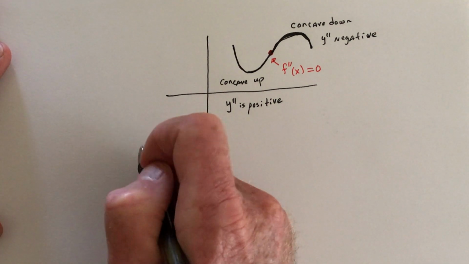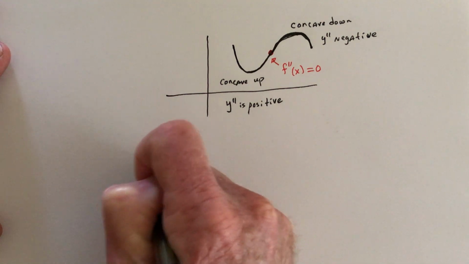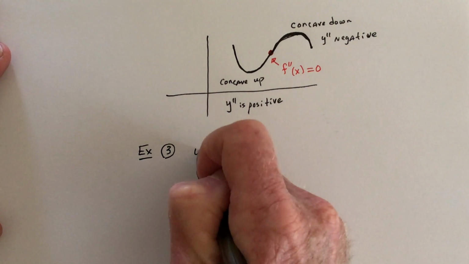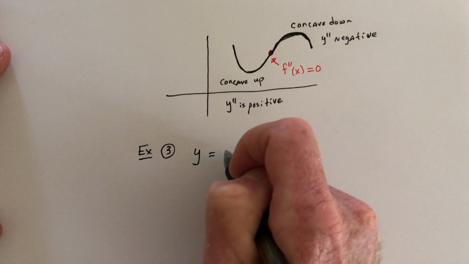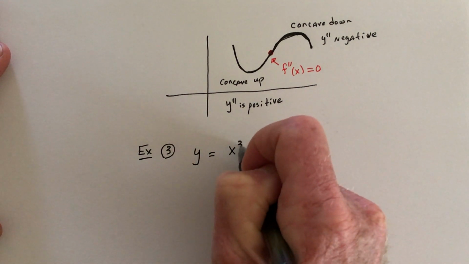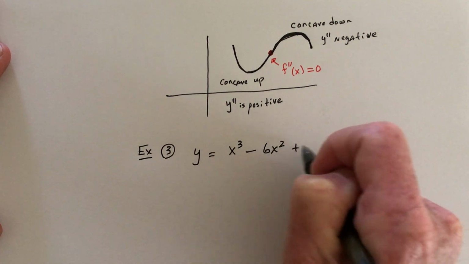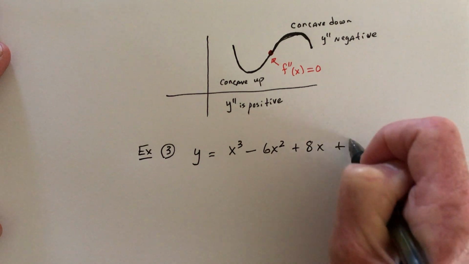So for example, number 3, how about y equals x cubed minus 6x squared plus 8x plus 1.